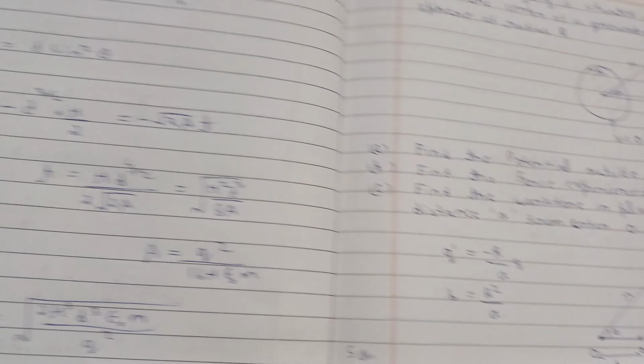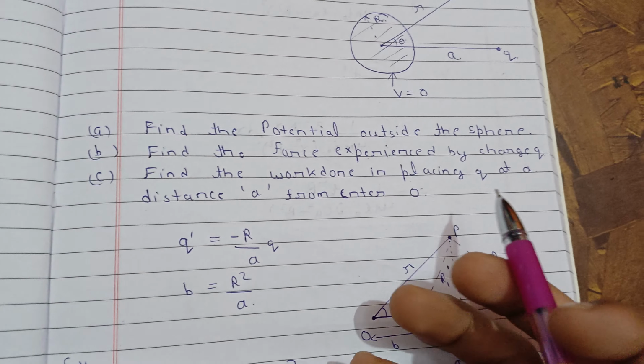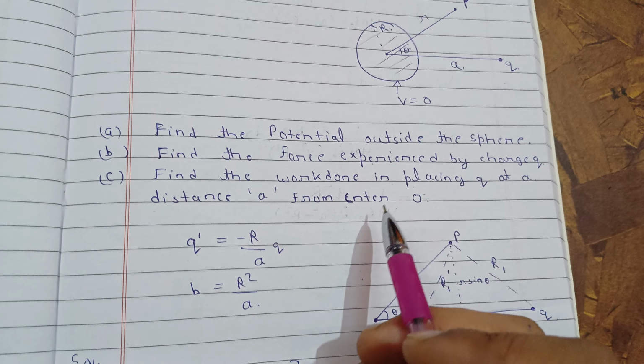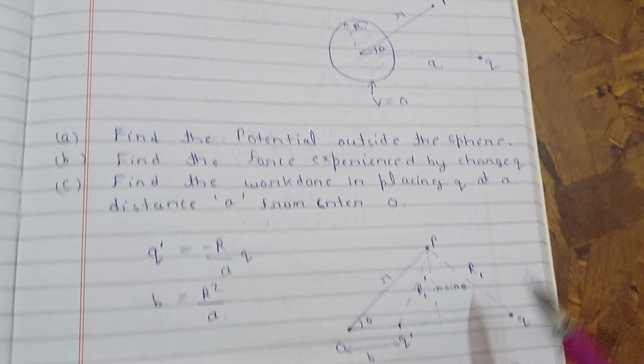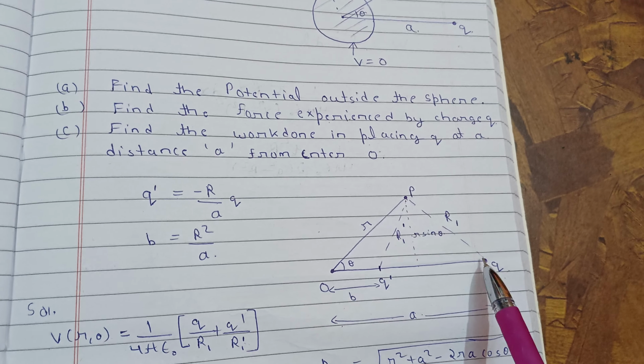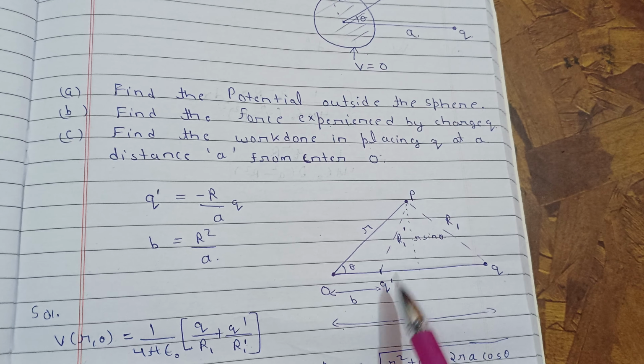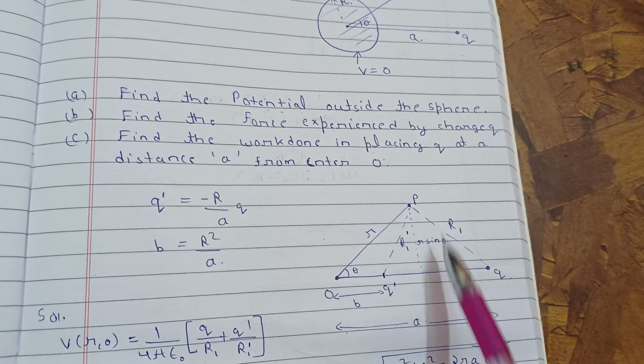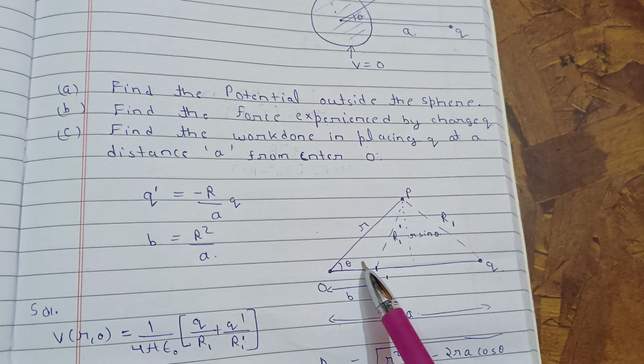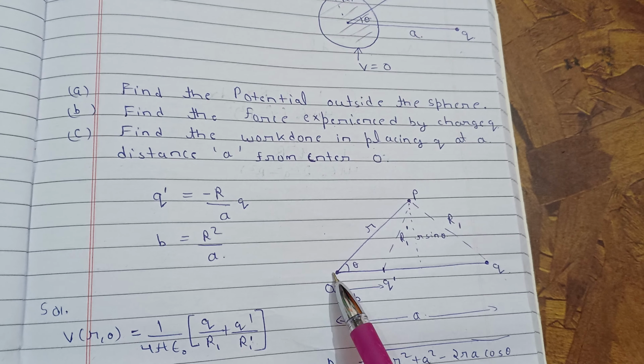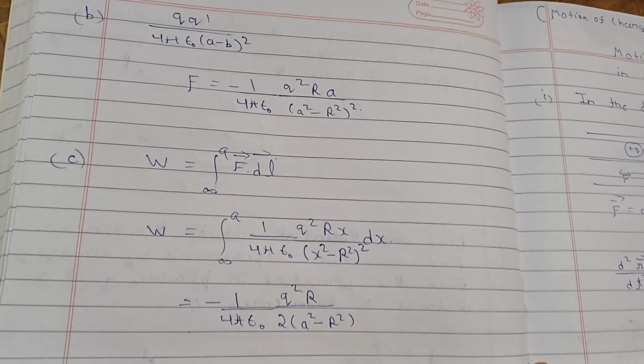Now there is a third part, that is to find the work done in placing q at a distance a from center O. What is the work done required to place this charge here? That work done will be force multiplied by displacement, with the limit of the displacement from infinity to a, so it will be the integral of F dot dl.